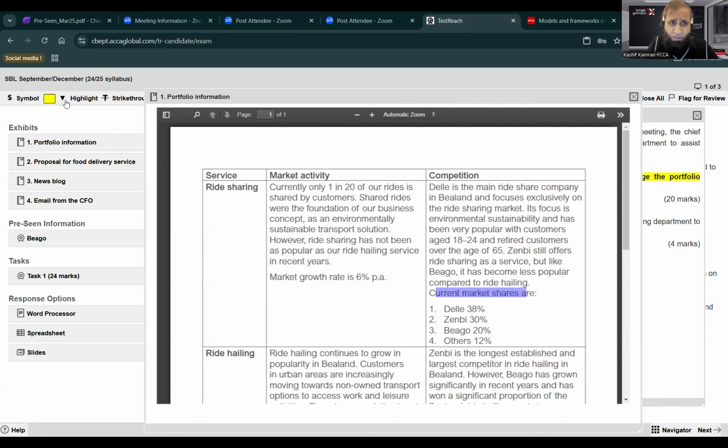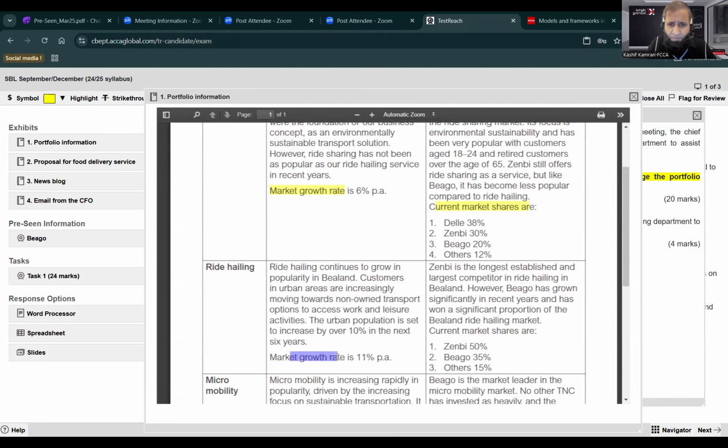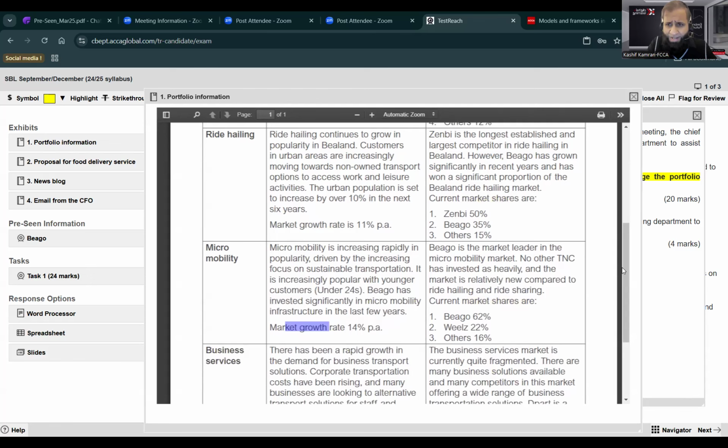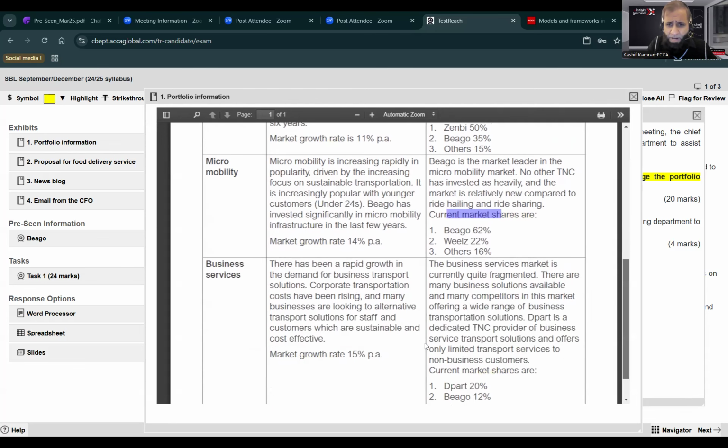Now, if you're a clever student and you have studied SBL for your exams, the moment you see service portfolio and the moment you see I have been given two things, market growth and market share, and you go down into the next one, again you see market growth, market share. Again, you go down and you see market growth, market share.